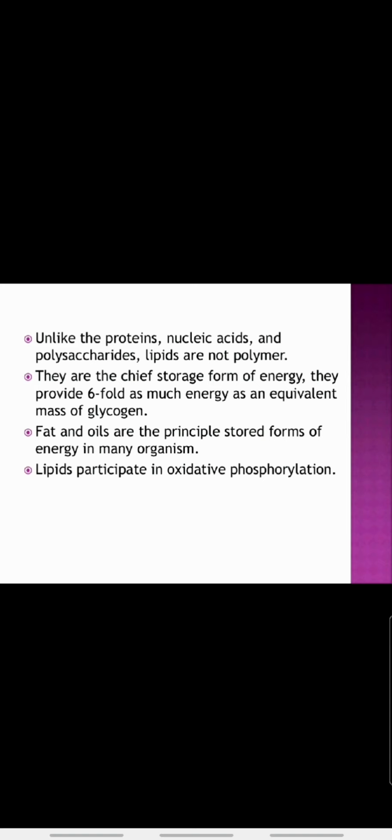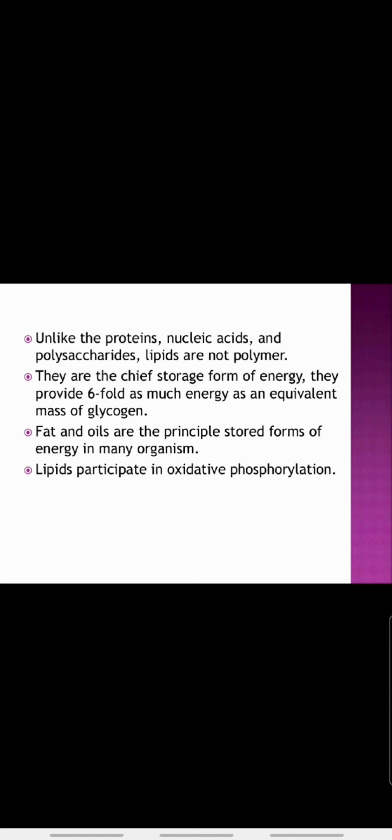Okay, it said also that lipids participate in oxidative phosphorylation. Okay, this term. So what do you mean by this term? Oxidative phosphorylation. We can actually see this one in the process of lipids.